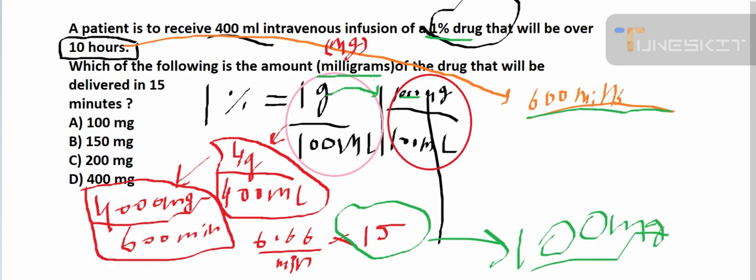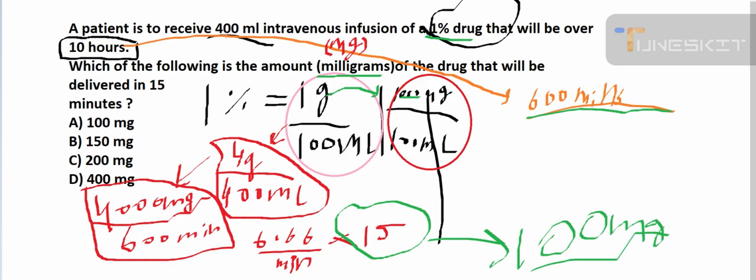Milligram is mg, microgram is mcg, and milliliter is ml. So don't be confused. Some people understand milli as ml. No, milligram is mg. 4 grams is 4000 mg.